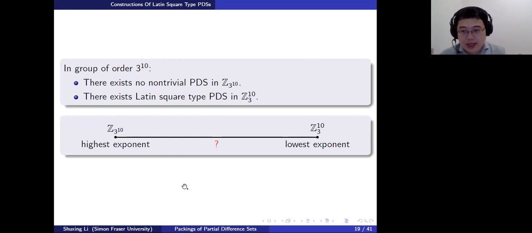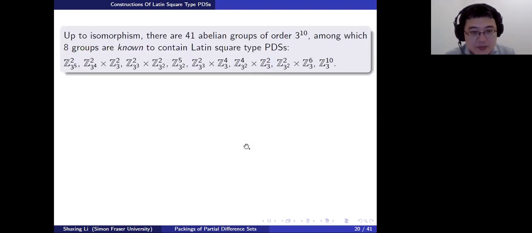So we can draw an interval and put those two cases on two extremes. On the left-hand side, we have the highest exponent, and on the right-hand side, the lowest exponent. And there's a big question mark lying in between. We're asking what happens to the groups in between. Do they contain Latin square type PDS?